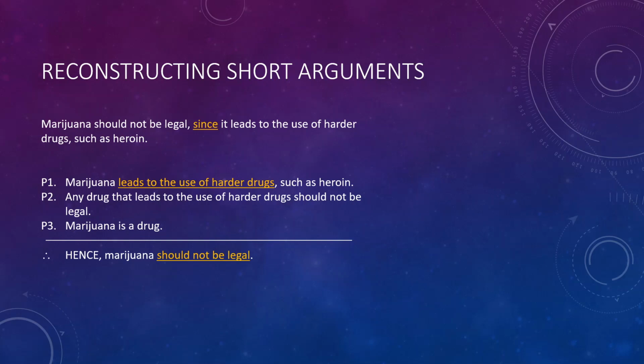We actually could think of this as completing the set of three class terms. So premise 1 mentions marijuana leading to the use of harder drugs. The conclusion mentions marijuana not being legal. And then the main missing premise, premise 2, connects leading to the use of harder drugs with not being legal.